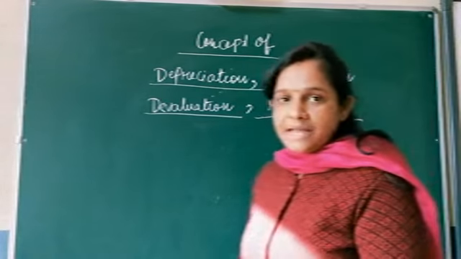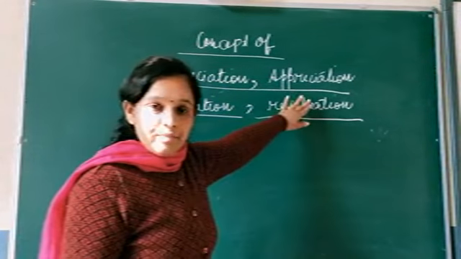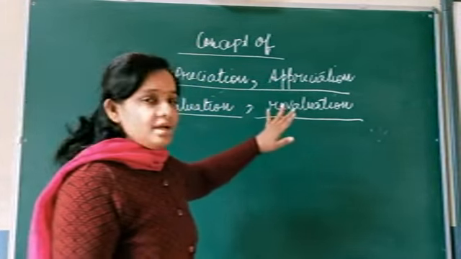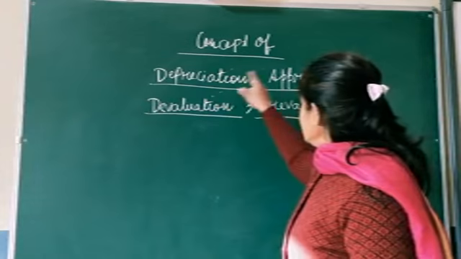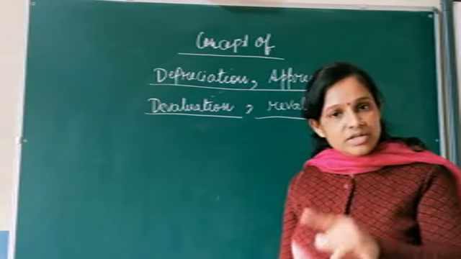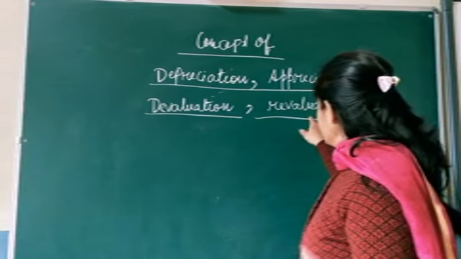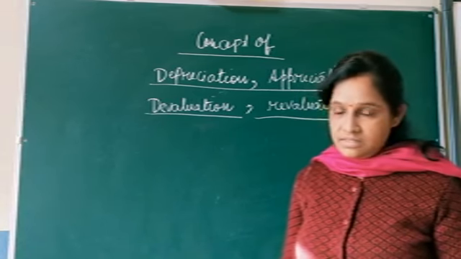Now, we need to understand the four concepts: depreciation, appreciation, devaluation, revaluation. What you need to understand is this, that depreciation and appreciation are determined through flexible exchange rate system. Devaluation and revaluation are determined through fixed exchange rate system.